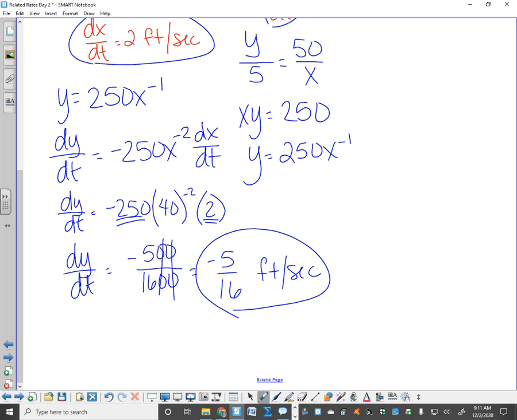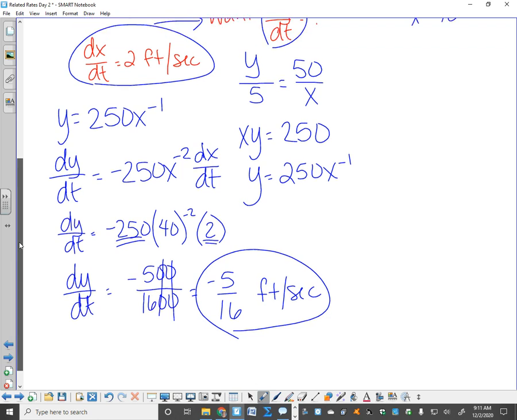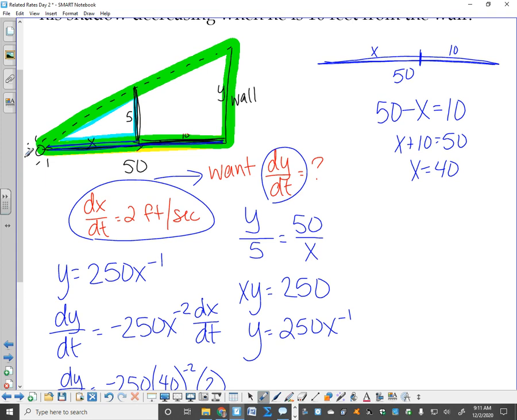Great problem using proportions of a small triangle sitting inside a big triangle. And just to point something out, when you do this triangle, you could have done big backbone over big bottom, a ratio that has your big triangle in it, and then little backbone over little bottom, because when you cross multiply, you still get the same.